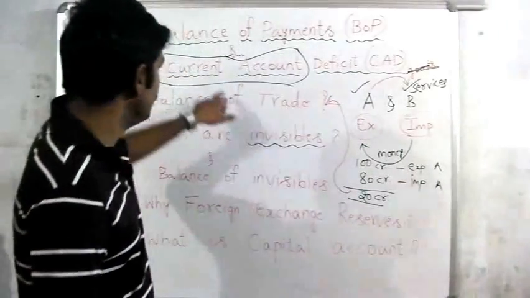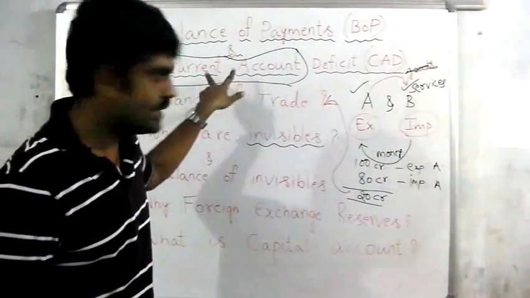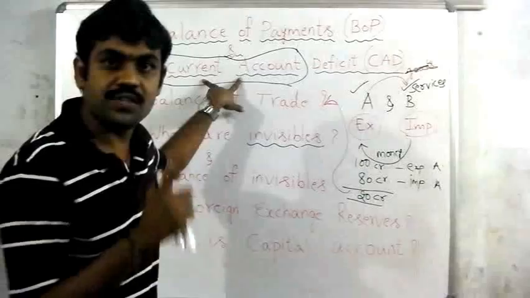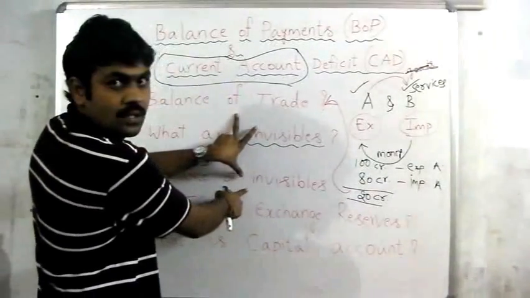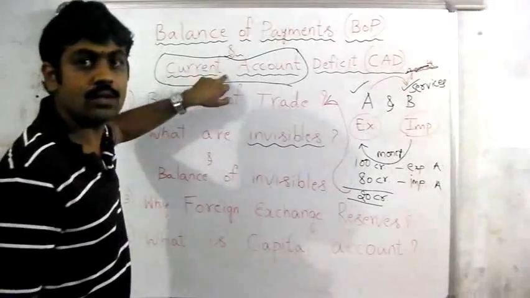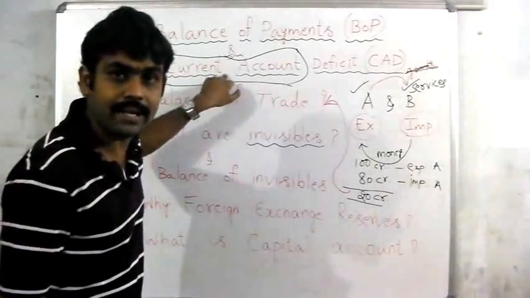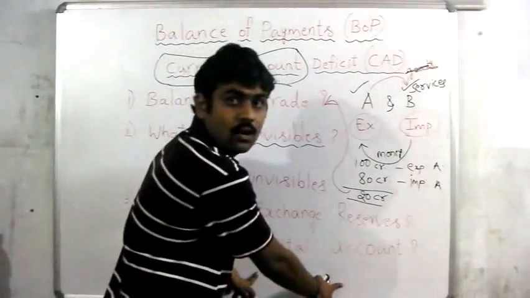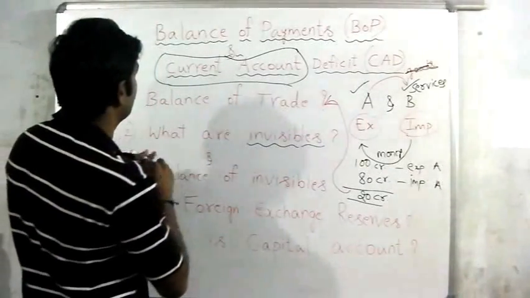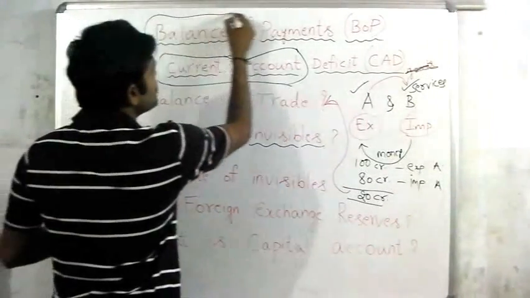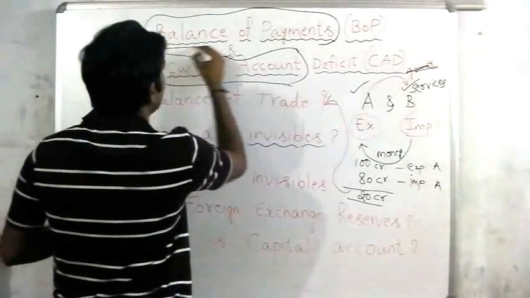And this current account, which has two parts, balance of trade and balance of invisibles, when combined with this capital account will form the balance of payments account of India.